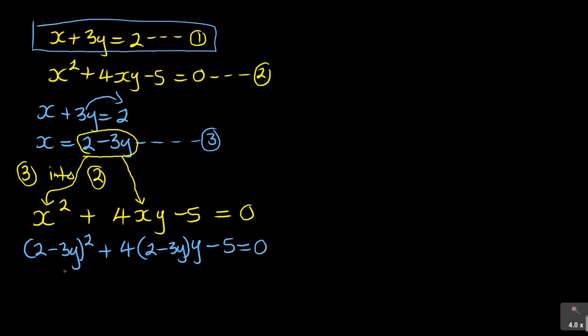Then of course I need to rearrange this and put it the right way. Now look at this. (2 minus 3y) squared means there are two of them, 2 minus 3y and 2 minus 3y. Now let me show you a common error made by students.